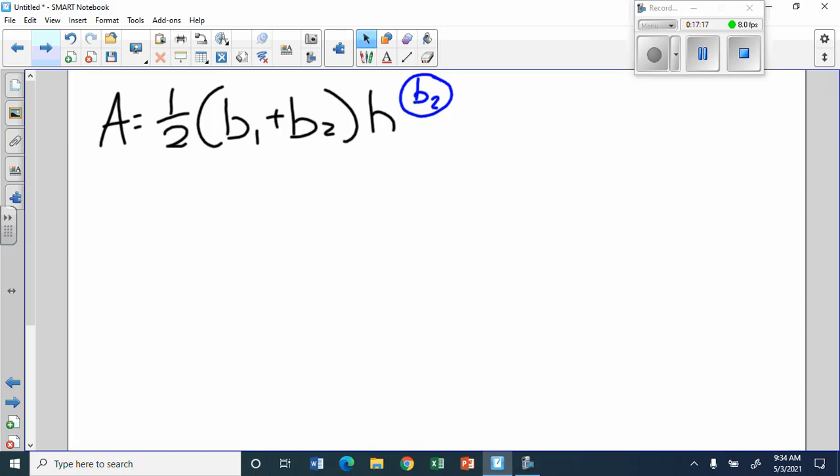Before I do it, what do you get for B2? Get rid of the half first.